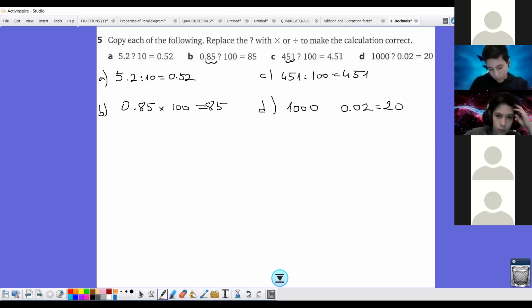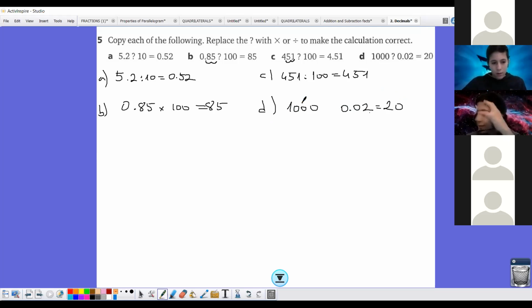Ronnie? Yes. What is the operation here? What do you mean? What do we need to have here, multiplication or division, to make it 20? 1,000 times 0.02 or 1,000 divided by 0.02 will make it 20.